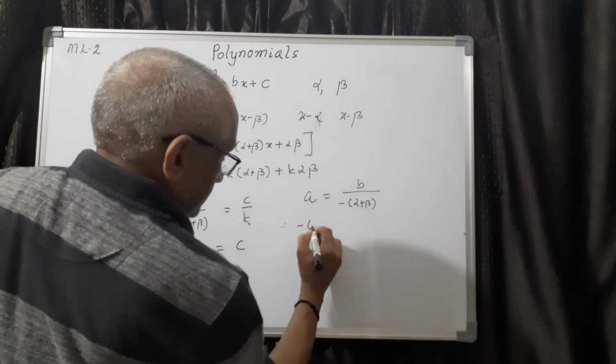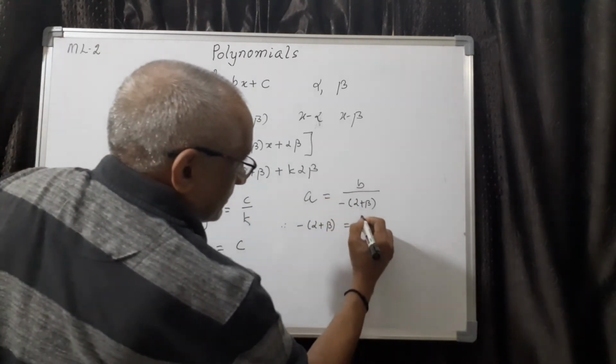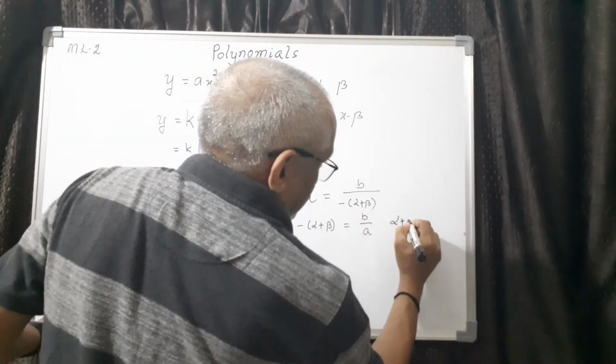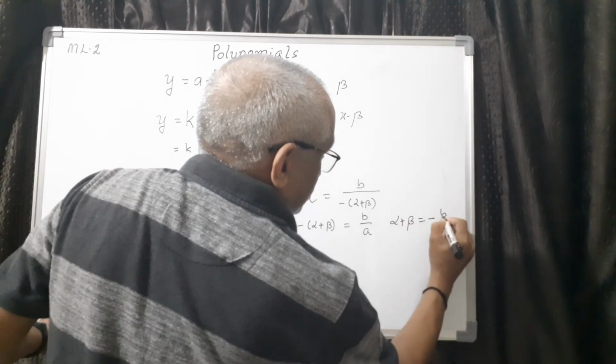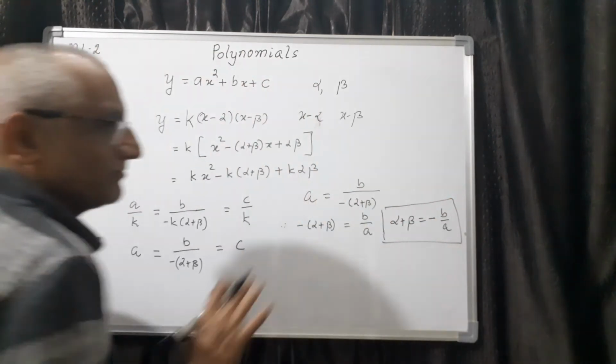Therefore, minus of alpha plus beta, if you take this side, will be equal to b by a, or alpha plus beta equal to minus b by a. So this is the relation. Actually, mathematically, we have proved it.